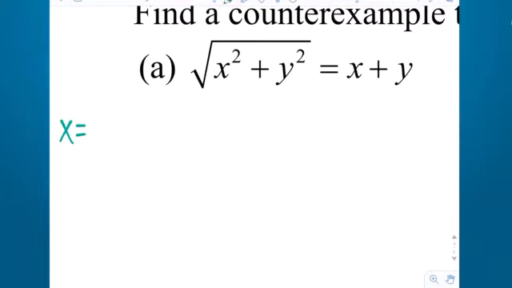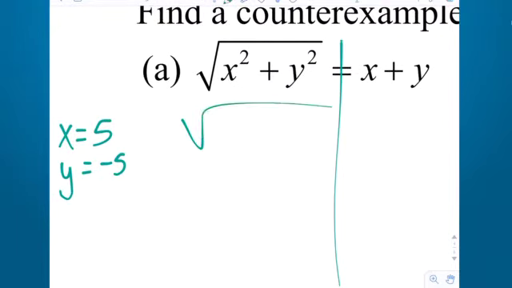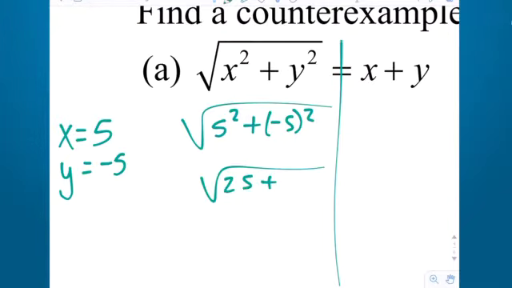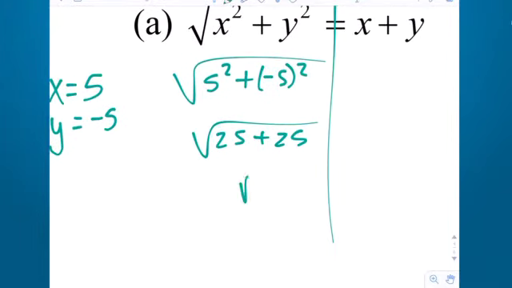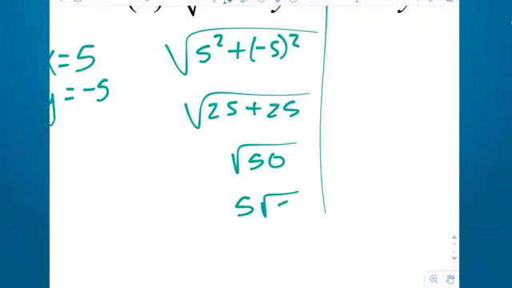Like you said 5 earlier, Joseph. And let's try y equaling what? -5. Okay, good. So we define what they are on the left, and now we plug in, and we get the square root of 5 squared plus -5 squared. And that's going to be the square root of 25 plus 25. That's the square root of 50, which simplifies to what? 5 square root of 2.